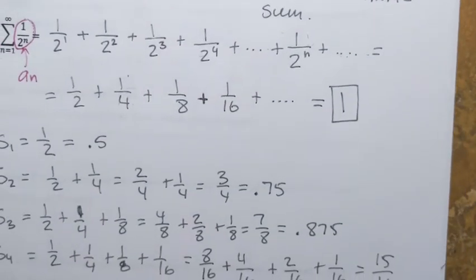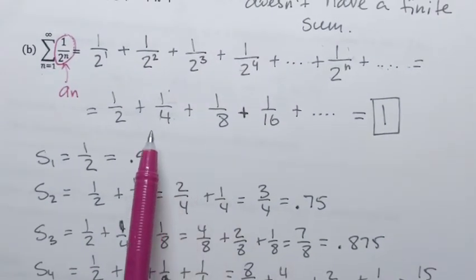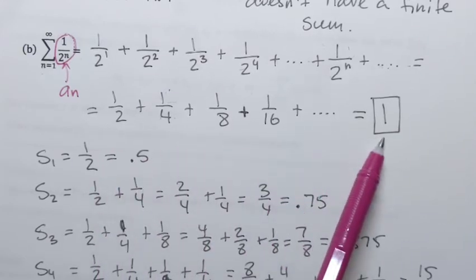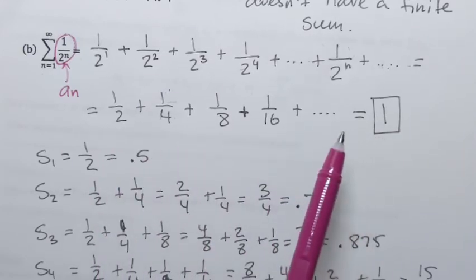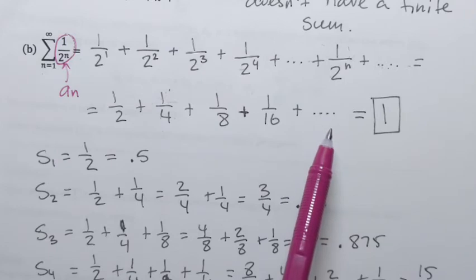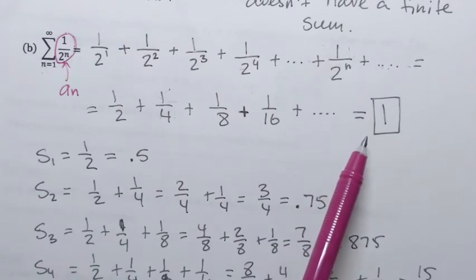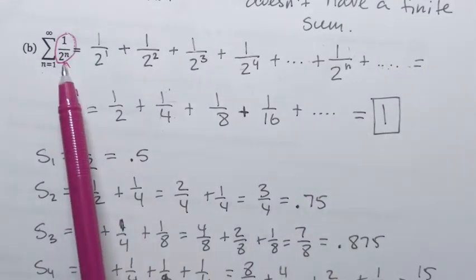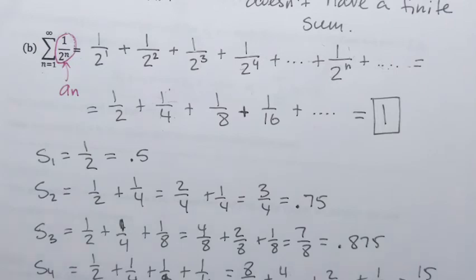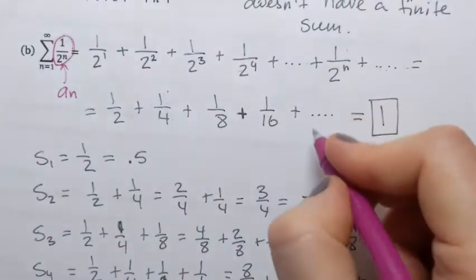It's a little bit hard to think how we add infinitely many numbers and we get a finite result. But that's how things are in math, right? But in the case when the series equals a finite sum, we say that that series converges. So the series converges.